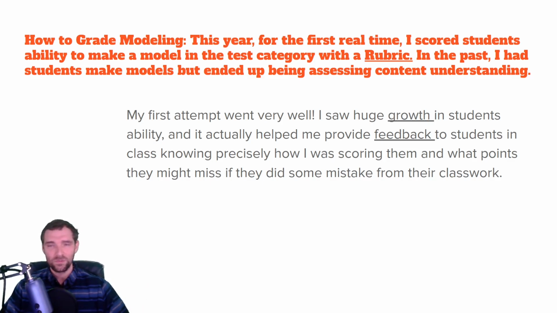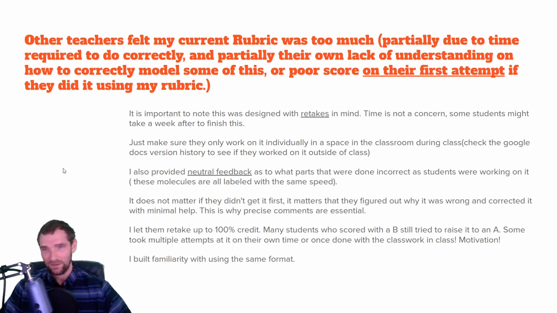And because it wasn't multiple choice or anything, they couldn't really cheat or get a model from someone else. And if it looked literally copy paste, same circles, same colors, everything as another student, that's a little bit suspicious on a model that we're making without talking to people, right? And I didn't have any issues with that because of how it was structured.